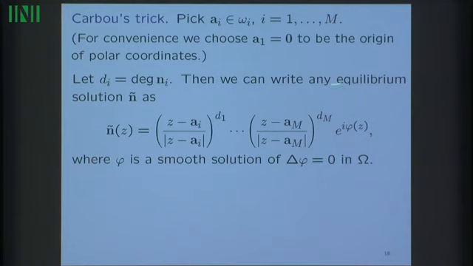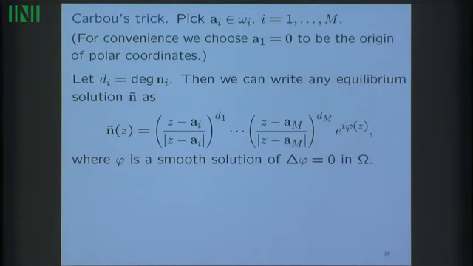Then you can write any equilibrium solution as n tilde of z equals (z minus a_1 over the absolute value of z minus a_1) to the power d_1, up to (z minus a_m over the absolute value of z minus a_m) to the power d_m, times e to the i phi of z, and now phi is a smooth solution of Laplace's equation in the whole of the exterior region.